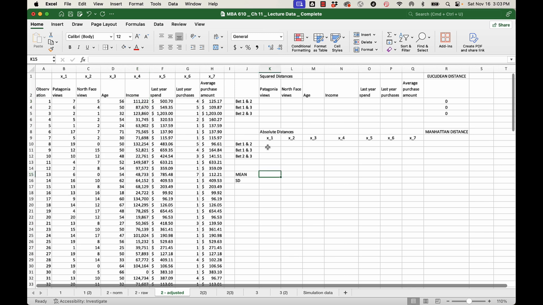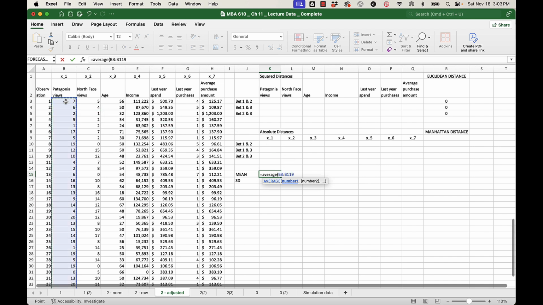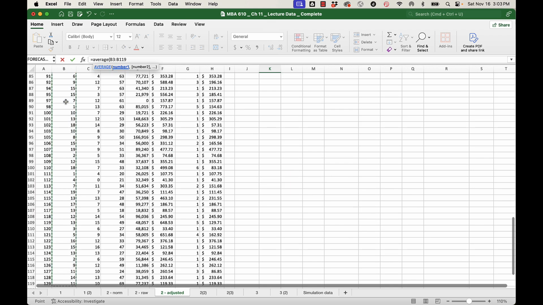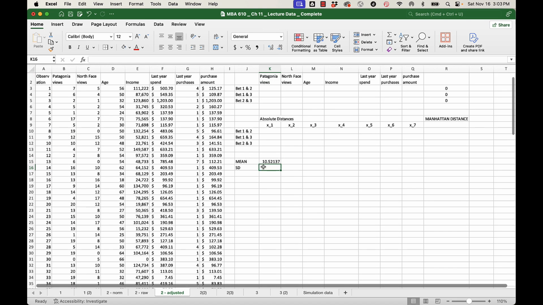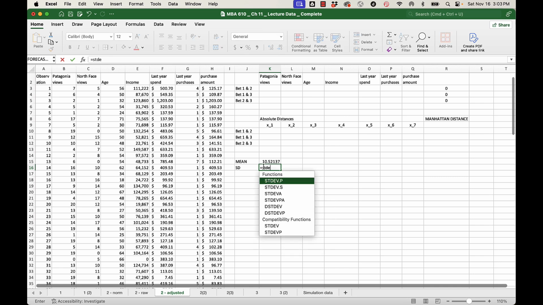So the mean for Patagonia views is the average of all the observations for the variable of Patagonia views. And then the standard deviation, STDEV. I'm going to still use a sample because I believe these are a sample of our customers, not all of our customers.